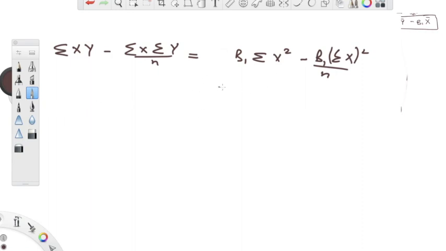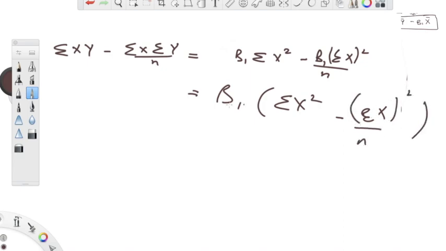Taking beta 1 common out of this expression, you end up with beta 1 times sigma x square minus sigma x the whole square over n is equal to sigma xy minus sigma x sigma y over n.